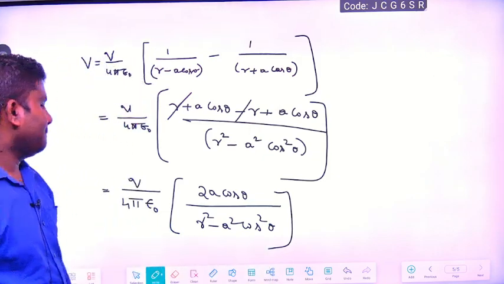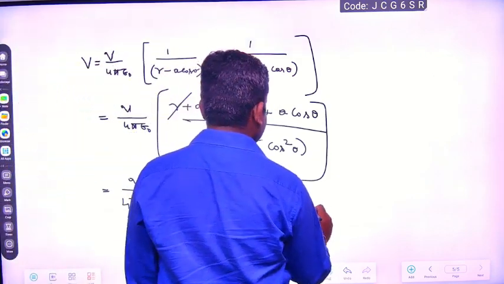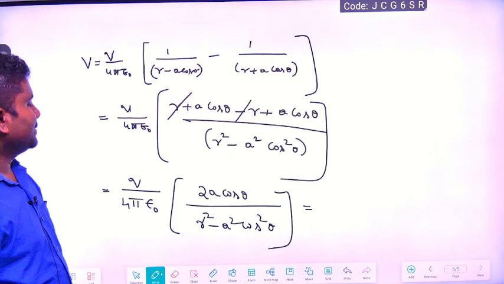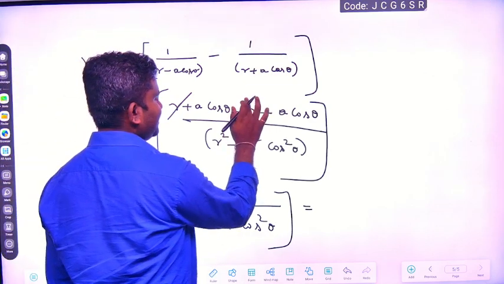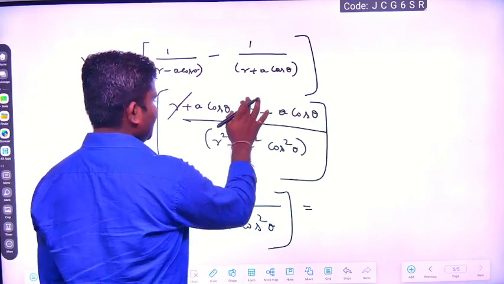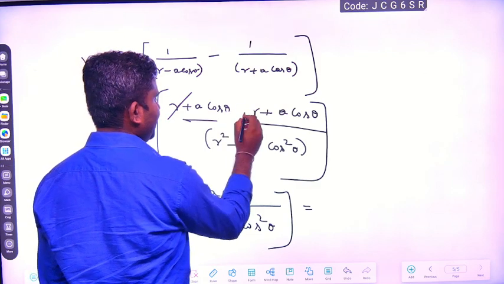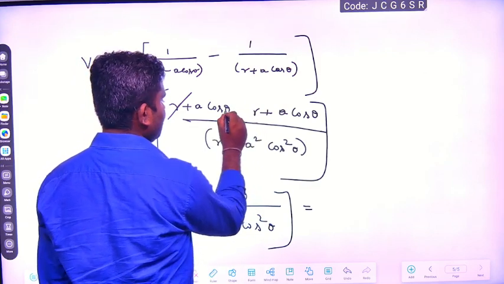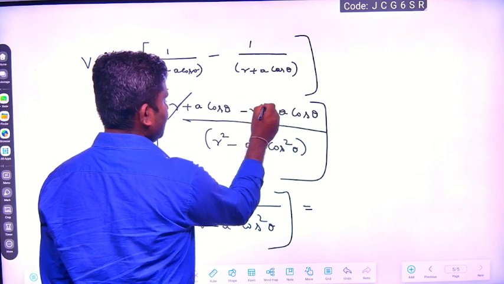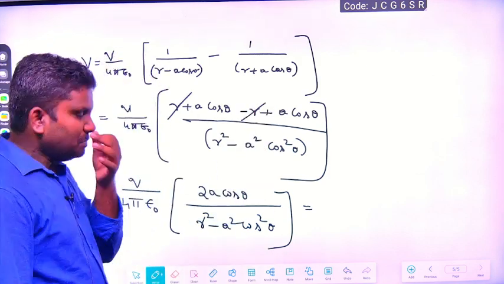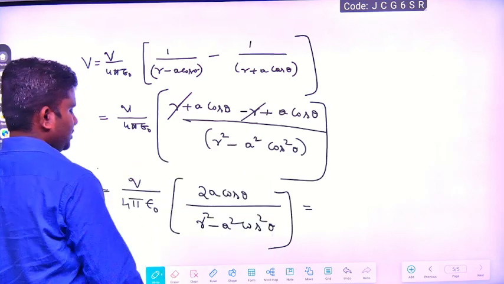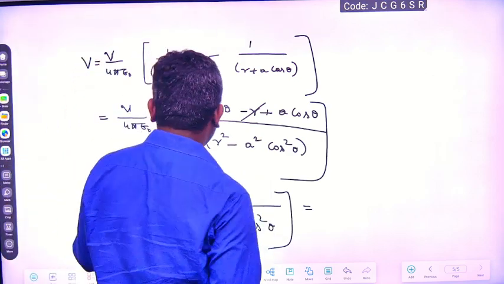Understood? Now, this is not minus, this is R only I am cancelling, okay. So it is cos theta, cancelling R. Now, what is 2aq?